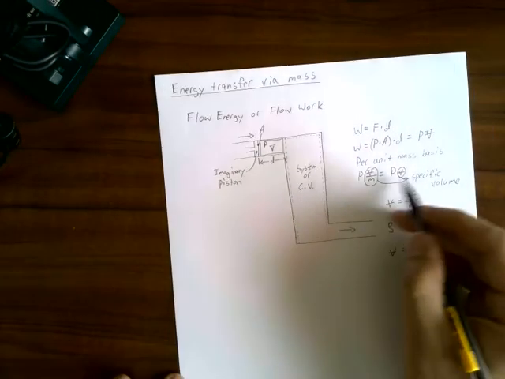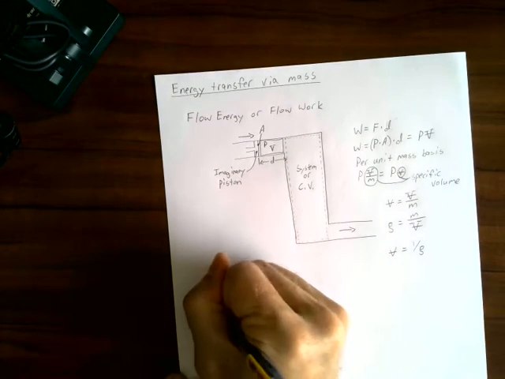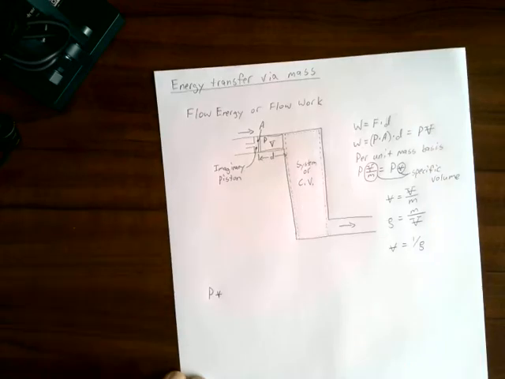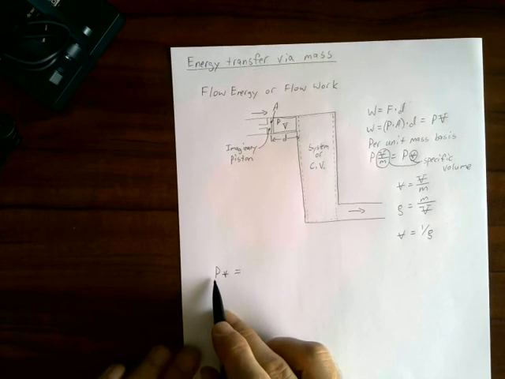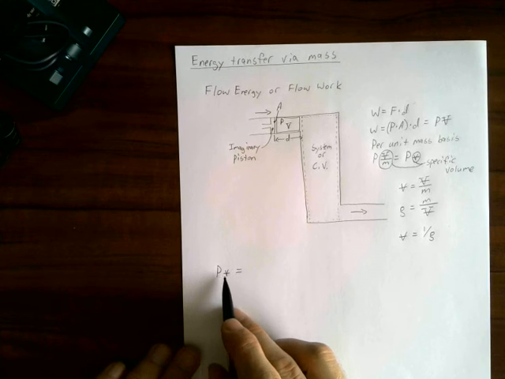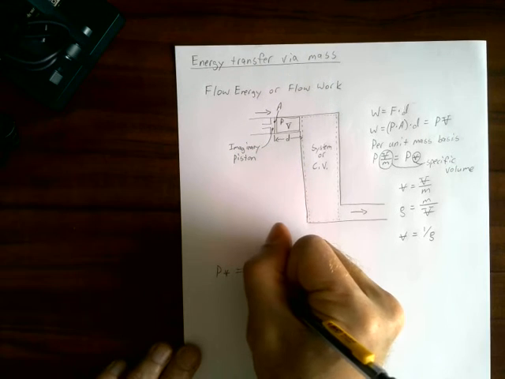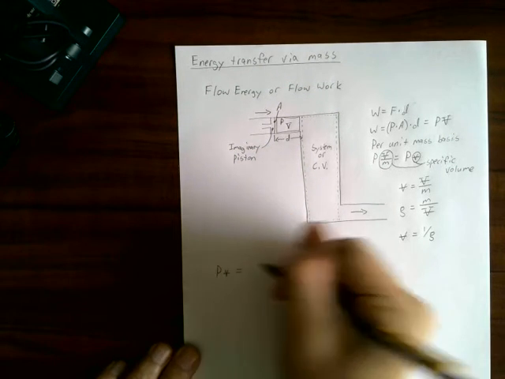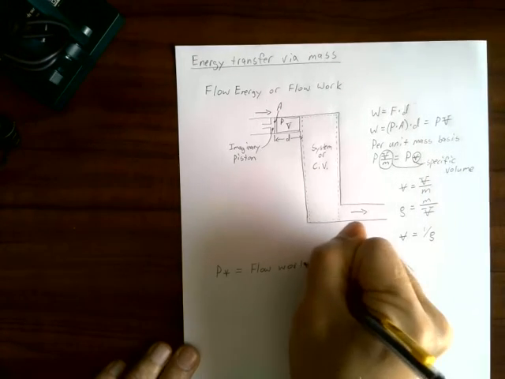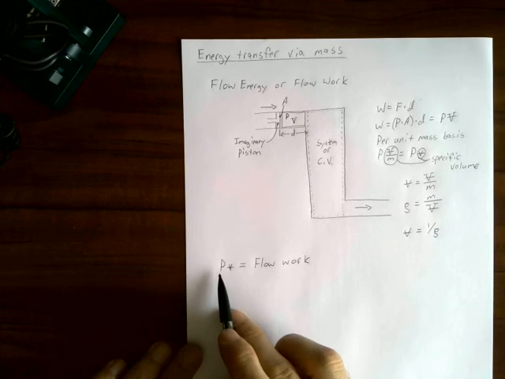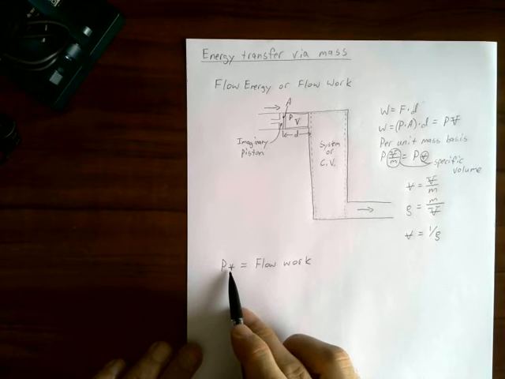And this quantity that is the product of the pressure times the specific volume is called the flow work. And you see both the pressure and the specific volume are intrinsic properties, right?